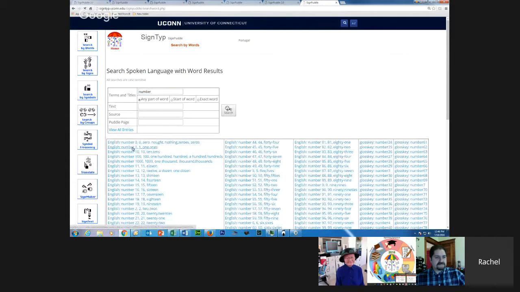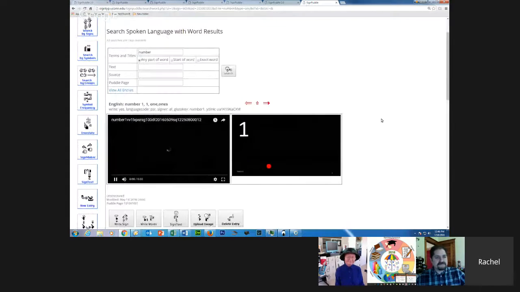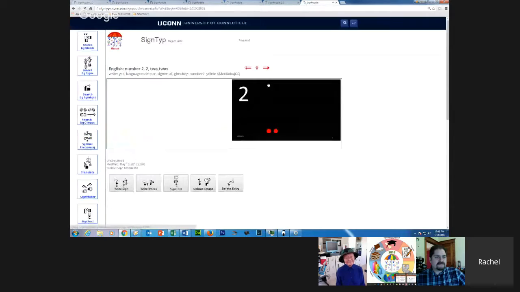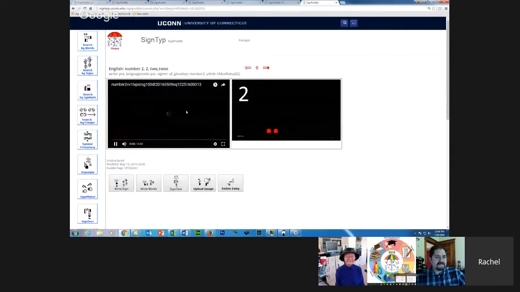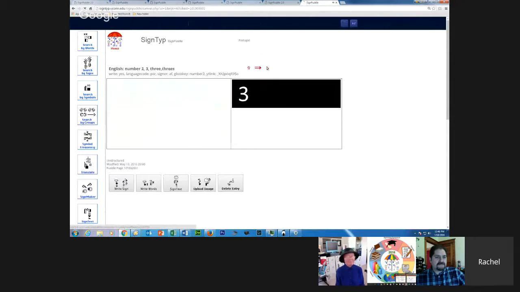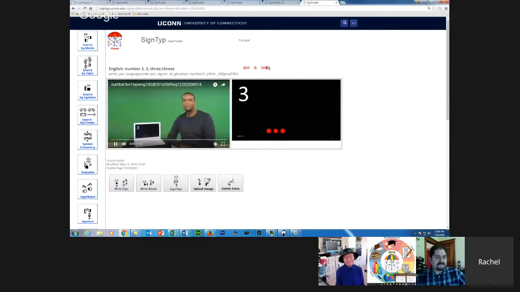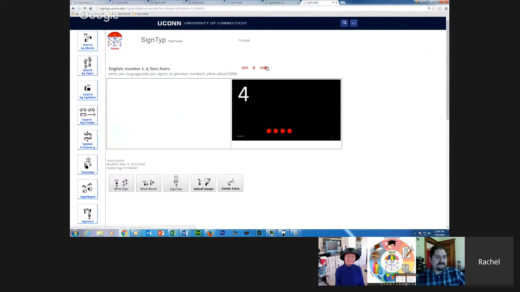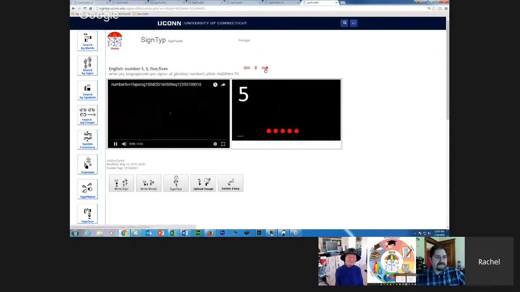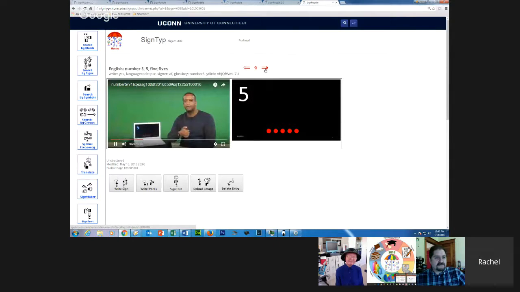Okay, so the Portuguese signer is very different. You can see that he's basically making a graphic representation of the written number. That actually looks a bit like a 2. 3, I'm not quite sure where that came from. 4 is clearly a representation. You can see the written 4 in his sign. 5, I think that looks a bit like the written 5.